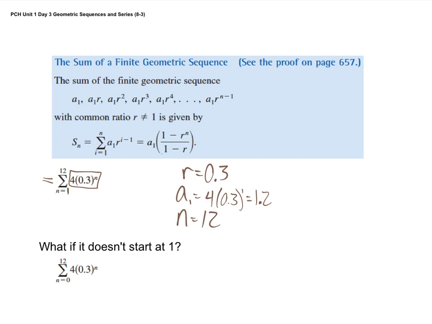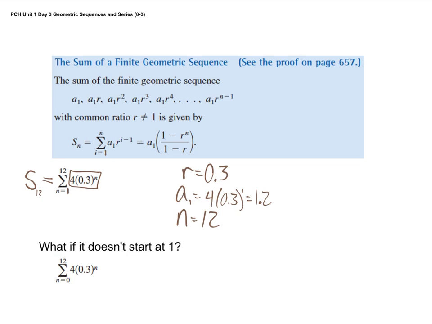Some other notation you might see. How about S sub 12? This is the 12th partial sum of the geometric sequence. That term still applies here. We could say that this is the 12th partial sum.